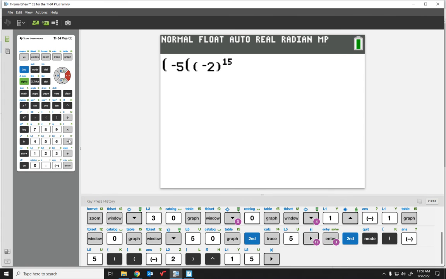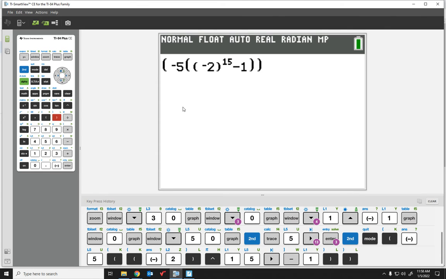Hit right to get out of the exponent, minus 1. Close the bracket off. I need to put another bracket here, so you have 3 brackets that open towards the left. So I need one more that points towards the right just to close it off. Okay, so that's the numerator.